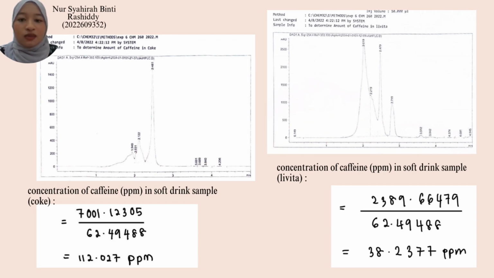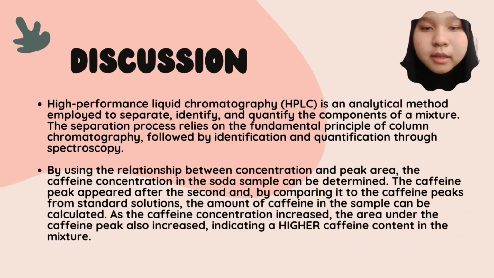And lastly, to determine the concentration of caffeine in Levita, we use the peak area of caffeine in Levita, which is 2389.66479, divided by the RF obtained, 62.49488. Then we get the answer, 38.2377 ppm.